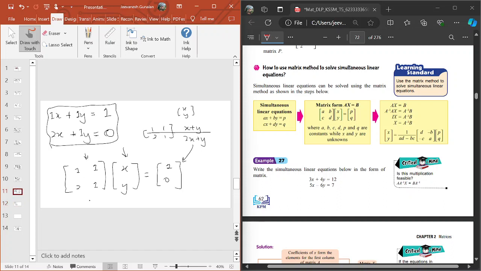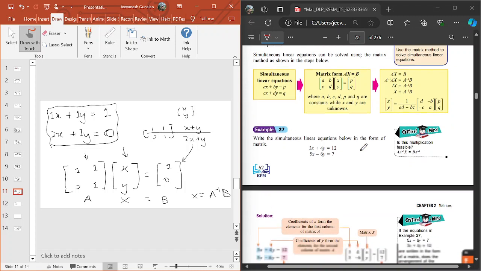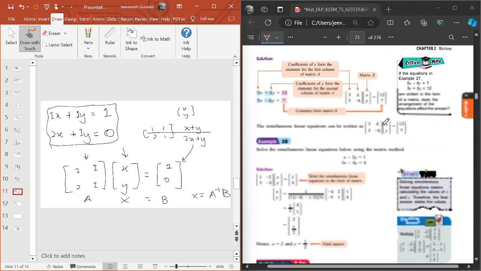In this case, this is a and this is x and this is b. So if I need to find x, then x must be the inverse of a multiplied with b. So you just find the inverse of this and then you multiply here, and then you will get the x y value. So just let me do one example.